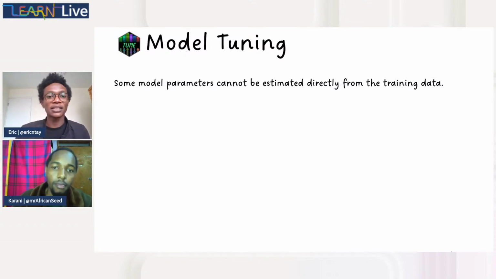Another thing one can do is something called model tuning, and this is typically associated with some models. For instance, boosted trees models have tuning parameters. What is model tuning all about? Some model parameters cannot be directly estimated from the training data, unlike a linear model where we estimate the coefficients associated with each column.